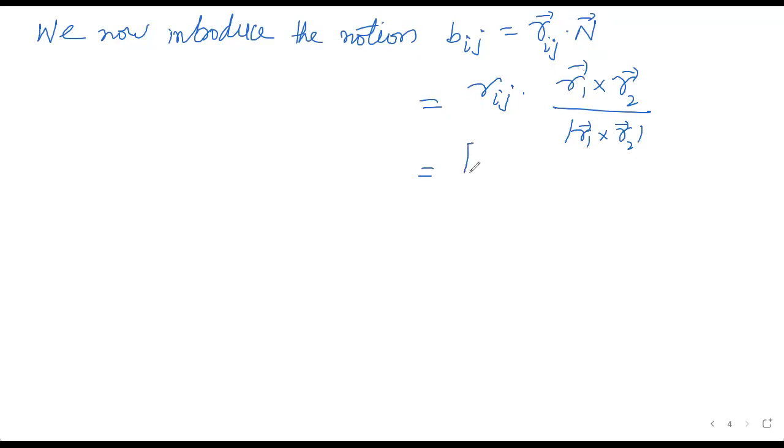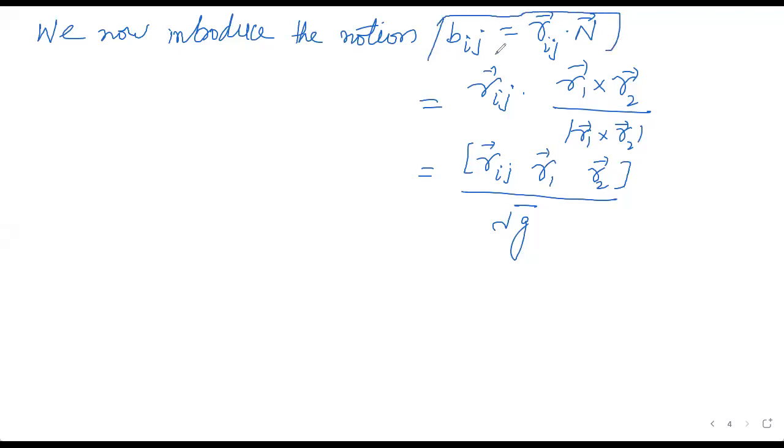So I can write Rij, R1, R2 upon under root G. So you got Bij. Keep in mind Bij by this; by this I can find Bij. So this is equation, suppose, 3.